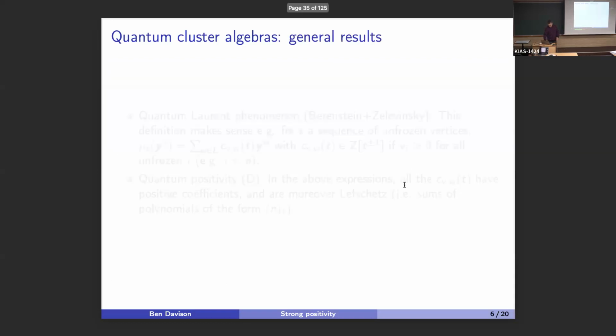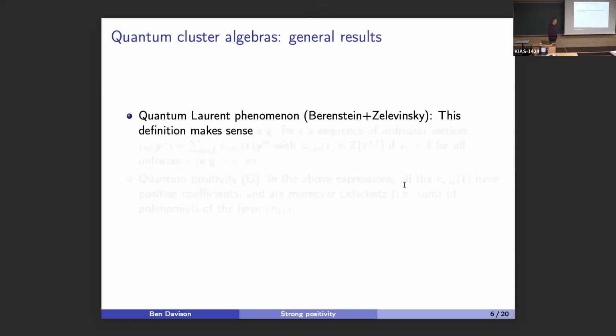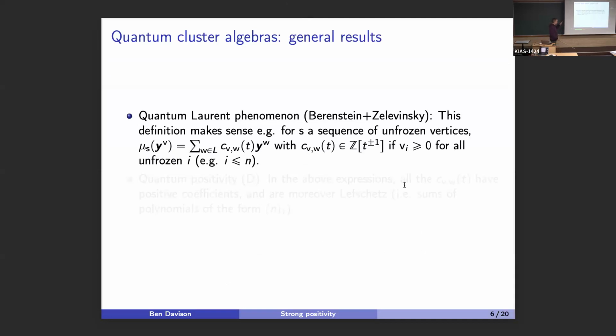So the first reassuring result is that nothing bad happens, i.e. the following. For any sequence of unfrozen vertices, if we iteratively mutate at them, the mutation of each of our starting variables along the sequence is a Laurent polynomial in our ring. So it still lives in the ring that everything is meant to live in. But now, remember before, the coefficients were, of course, integers.